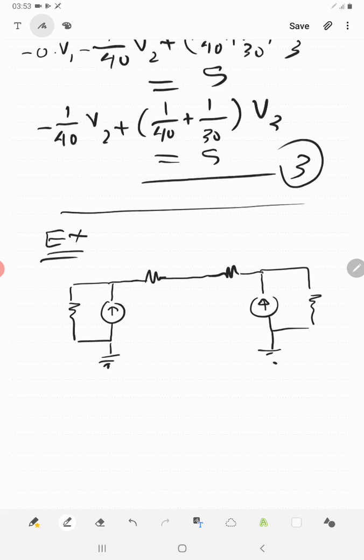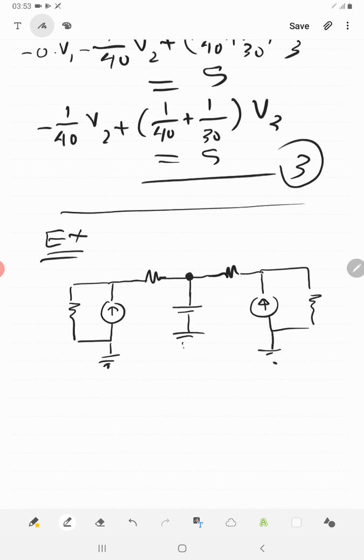Okay, let's give it a voltage source somewhere. Okay, let's give it a voltage source here, for example. Okay, just for the sake of the solution. Okay, we have a voltage source here.